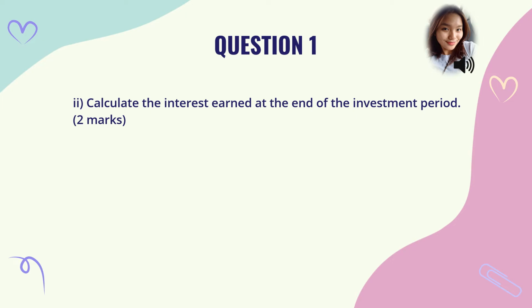The second question, calculate the interest earned at the end of the investment period. Here, this question wants us to find the interest earned at the end of the investment period, also means total interest earned.